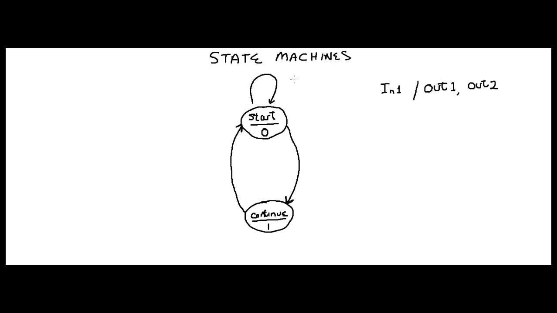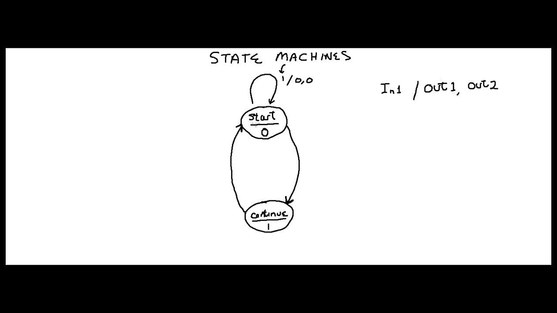Suppose you see this. What do you think that means right there? Well, I'll tell you what it means. If you are in the start state, and you clock it, or I should say not you, but your circuit obviously, and you clock it, if in 1, and this right here represents in 1, is equal to 1, it's going to come right back to itself.